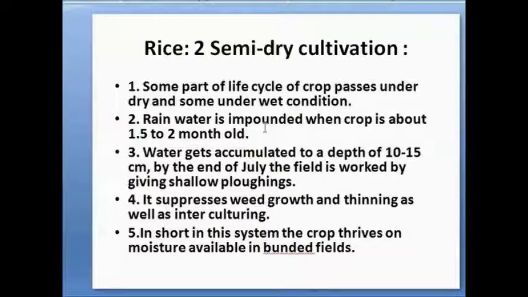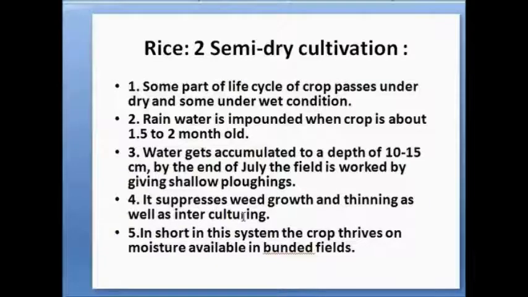In this method, weed growth is suppressed and intercultivation can be done. So in this method there is a less growth of weed, and that will reduce cost over interculturing.